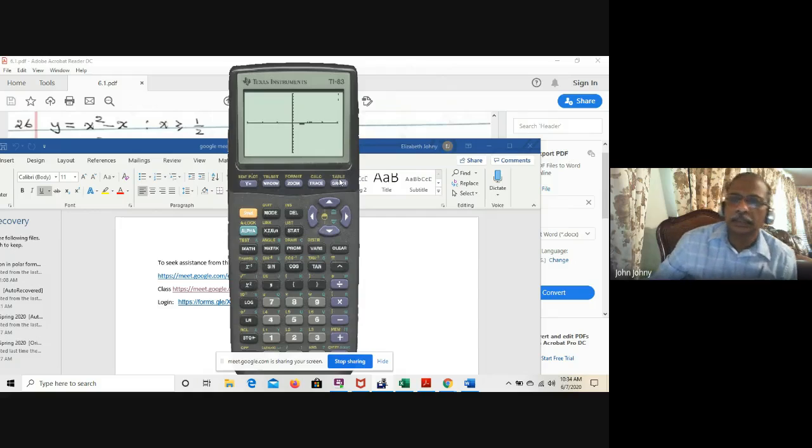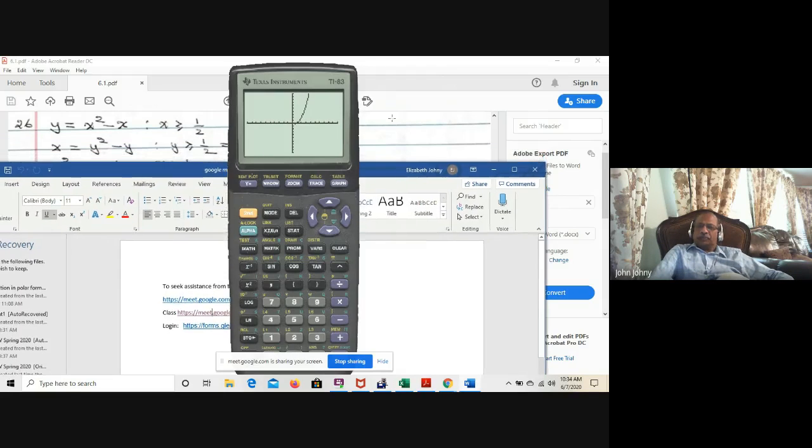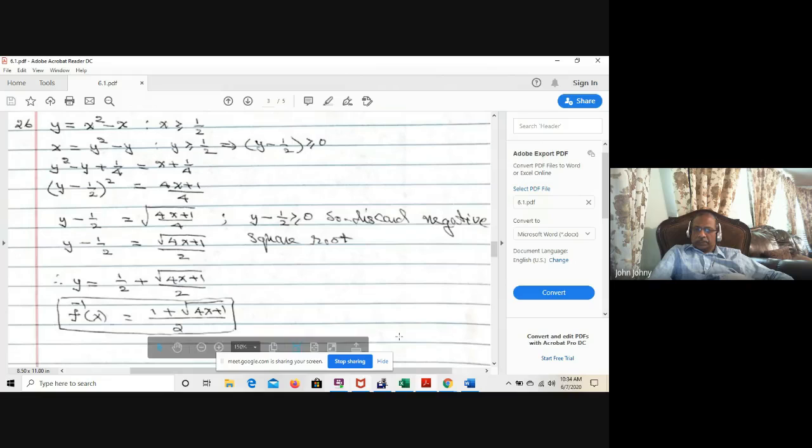See, that graph is a one-to-one graph because it passes the horizontal line test. That is the reason why that condition is imposed there. So from the graph, it is clear that it is a one-to-one function, and so the inverse exists.